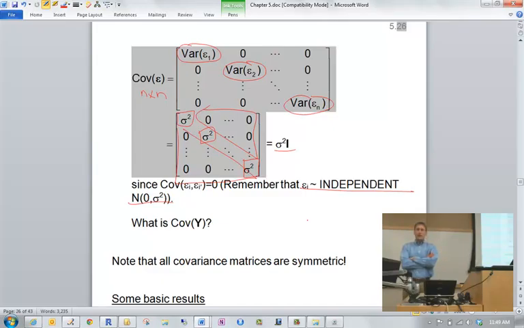Is beta 0 a constant or random variable? Constant. Beta 1 is a constant. X is a constant. So the only random variable that could contribute to variances or covariances is epsilon. So it's exactly the same thing. We'll have even a little bit more of a proof of that coming up.